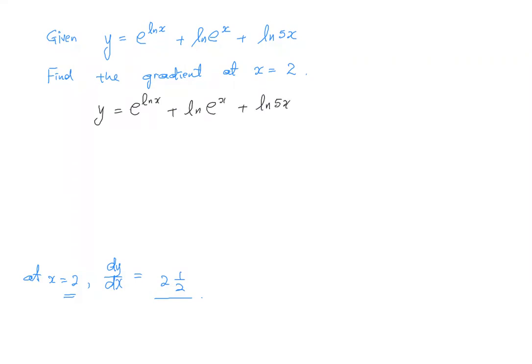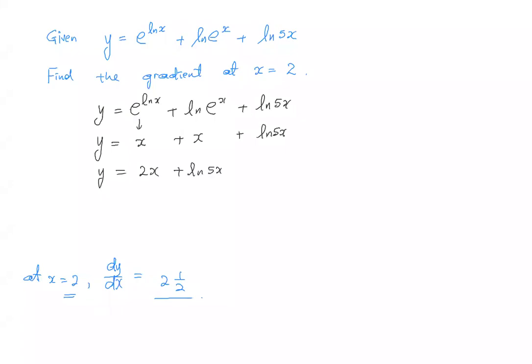So e ln x, how do you simplify it, Justin? x, plus ln ex, x ln e. ln e is 1, correct? Yeah. So you plus ln 5x. So this will become simply 2x plus ln 5x.